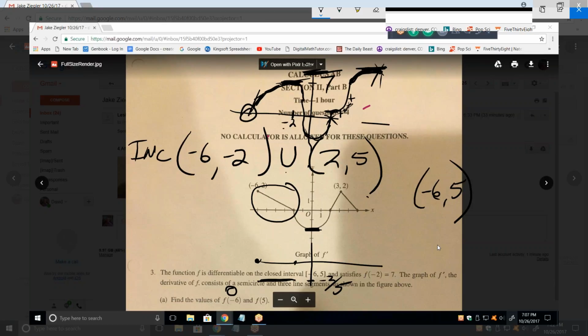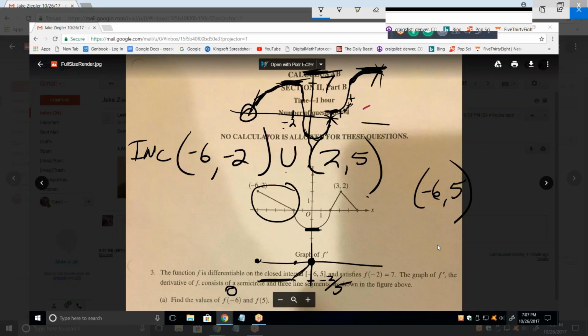And then it's decreasing. So it's still negative, but it's getting closer to 0. It's got to get to 0 by there. And the slope starts steep and decreases. Somehow it's got to get to that point. And then it increases. So it's negative to that point.